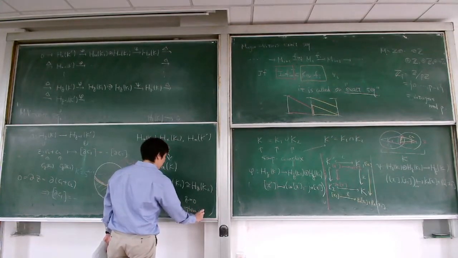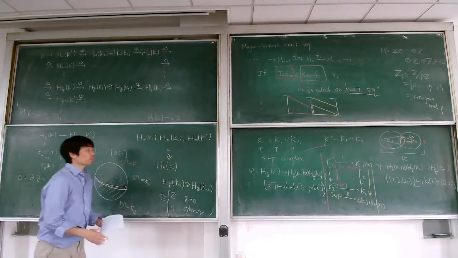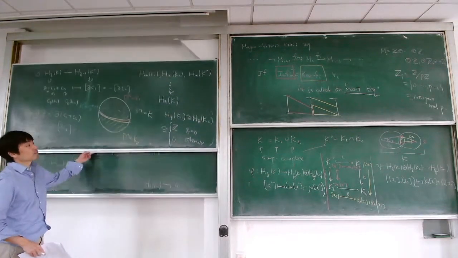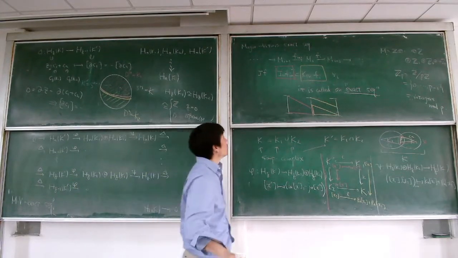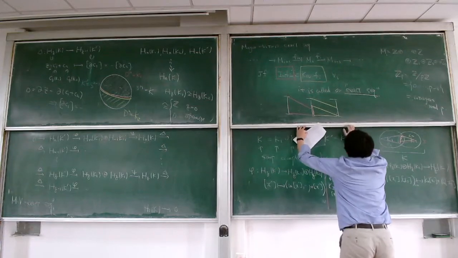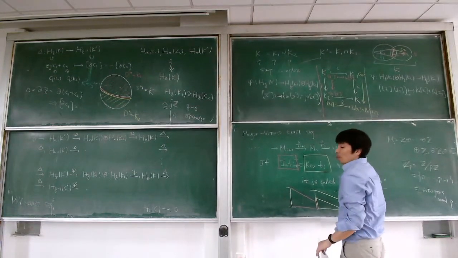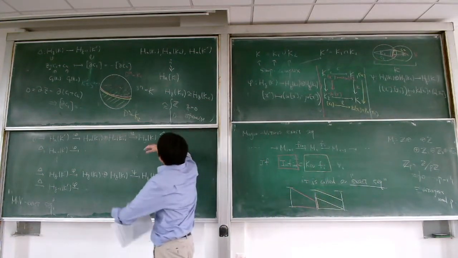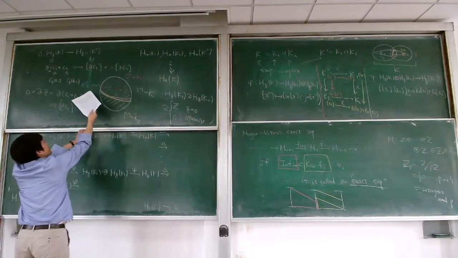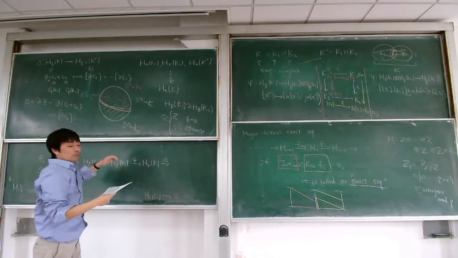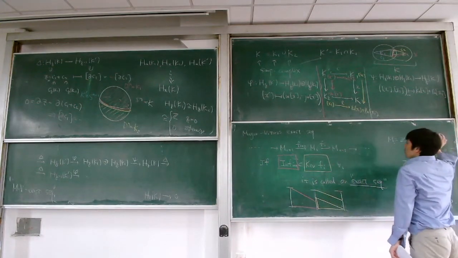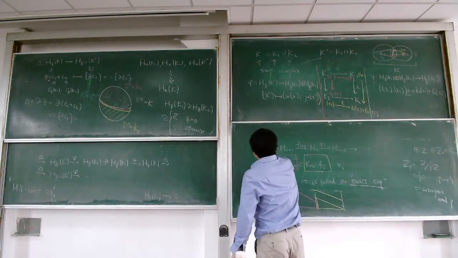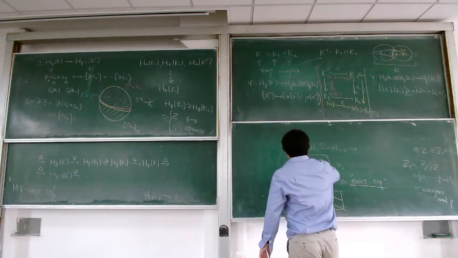This is by the Poincare lemma. And then what we are going to compute is just iteratively. We already know the homology group of S1, and then we iteratively compute the homology group of the n-sphere.